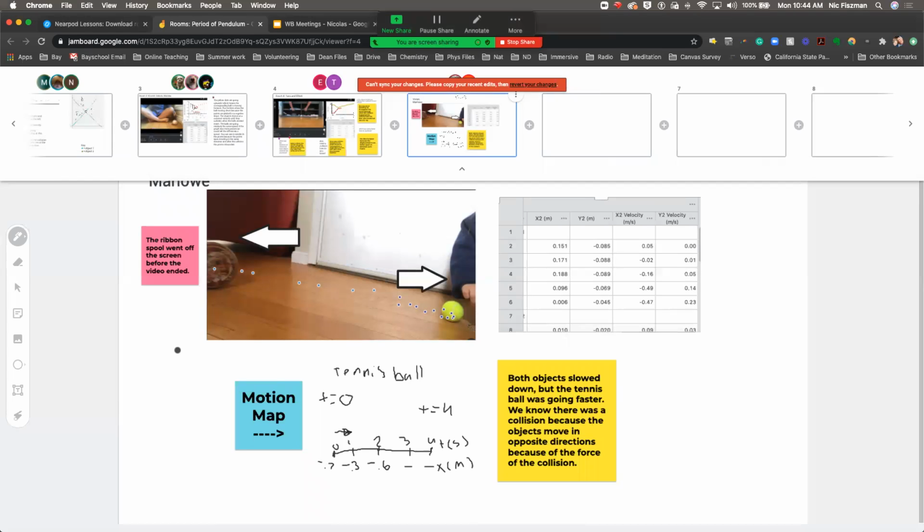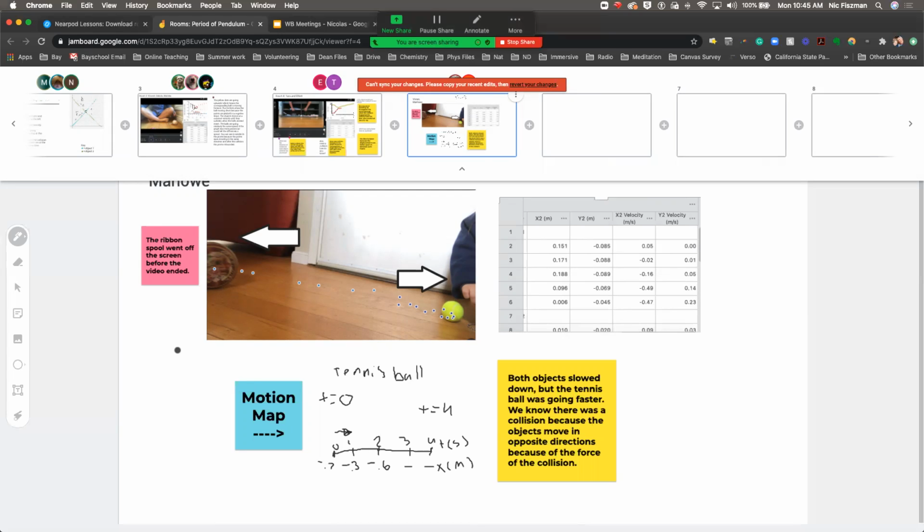Yeah. Sure. So basically, I had a tennis ball and a spool of ribbon. What I did was I rolled the tennis ball into the ribbon and saw how it would react.